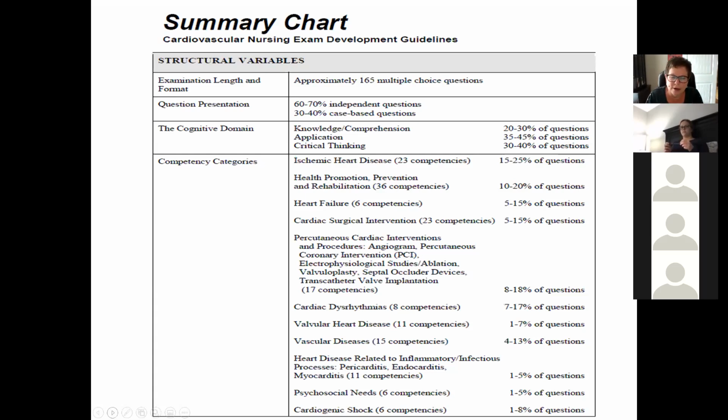But a critical thinking question is one where you take knowledge, you apply that knowledge, and then you determine what the consequences of that application are. And so critical thinking questions are always the tough ones where we say, oh my God, all of the answers could be right, but what is the best one? You remember those ones in nursing school that we all hated? Those are critical thinking questions.